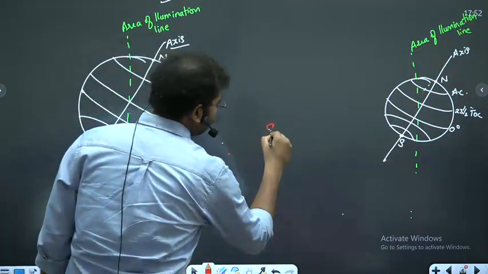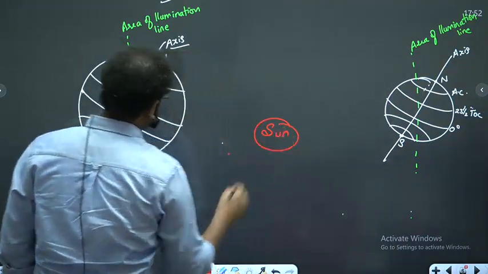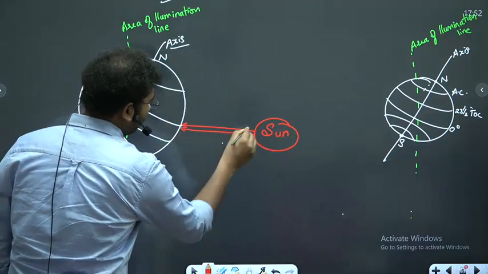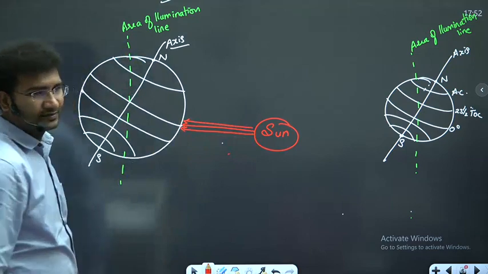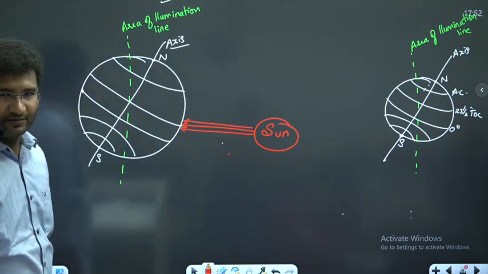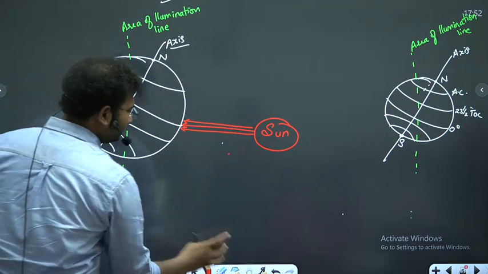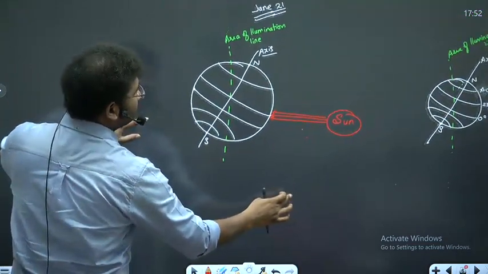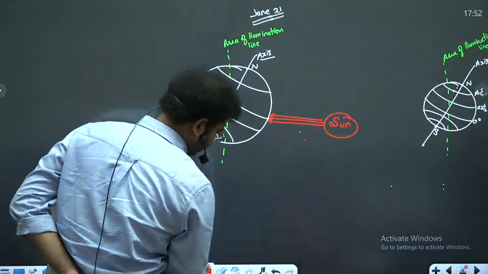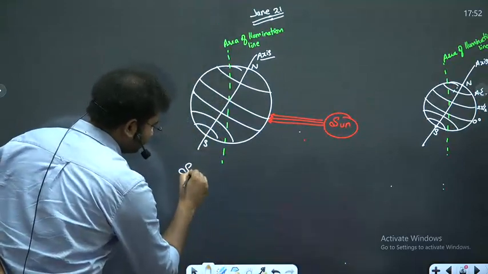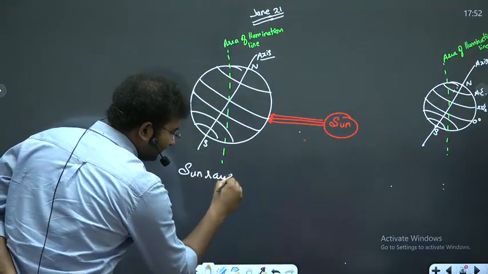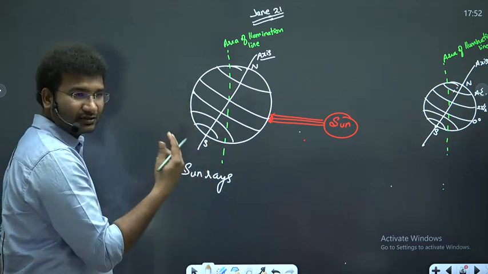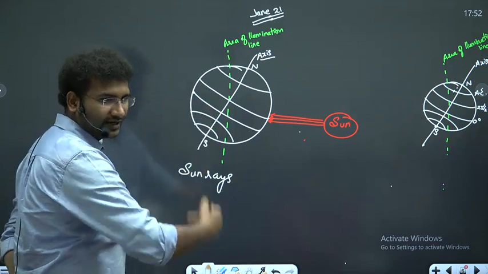So if this is your sun, the sun's rays will directly come and fall on the Tropic of Cancer. Right? Please make running notes along with me, because there is no scope for dictation in this. It is conceptual. So you understand and write along with me.